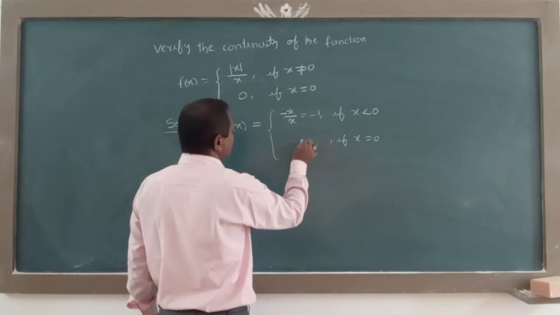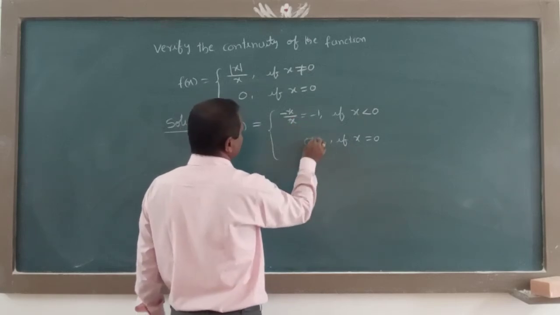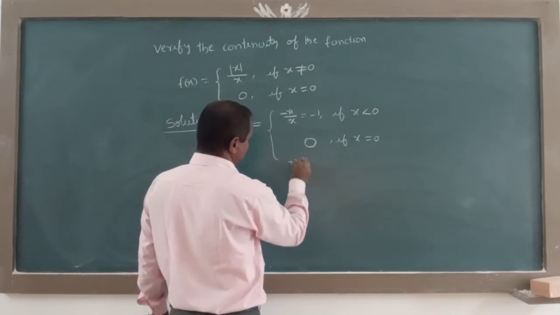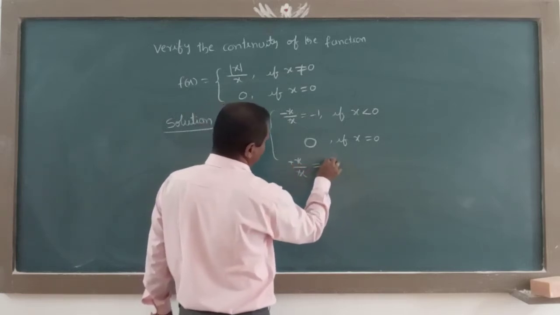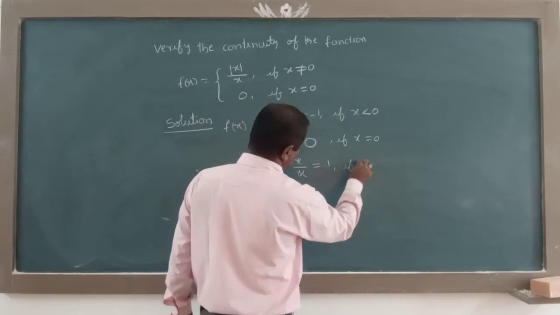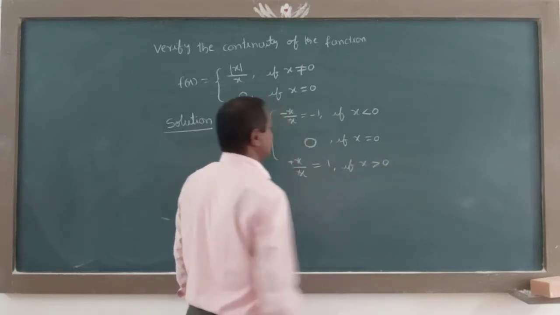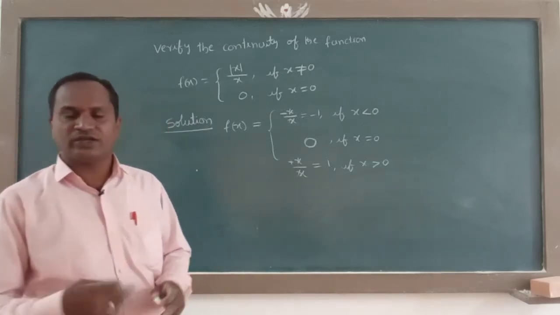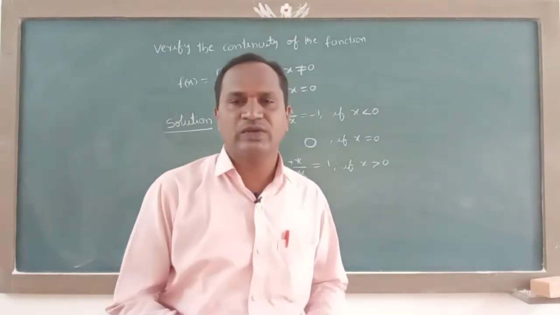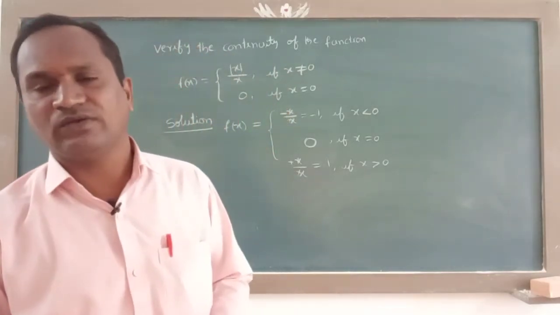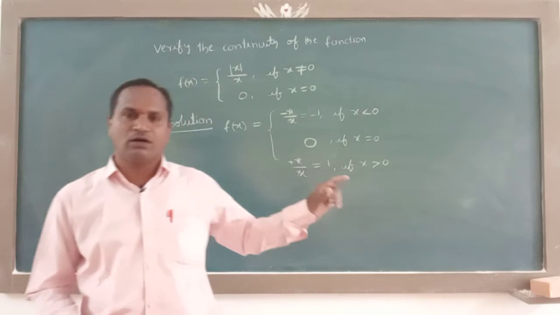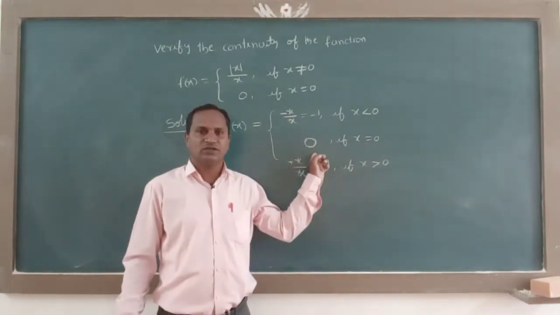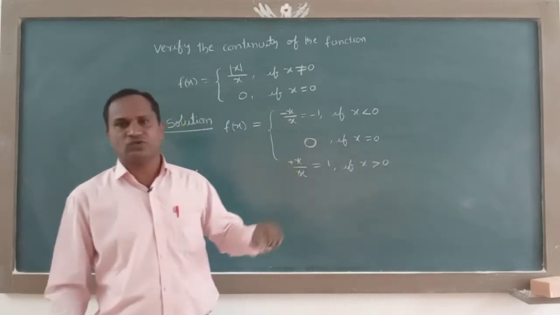Next one is plus x by x, gets cancelled, equal to plus 1 if x is greater than 0. With the help of all these values, now we are going to check the LHL value, RHL value and function value. Already for the equal symbol they gave one value, that is what we consider the function value, that is f of 0 is equal to 0 only here.